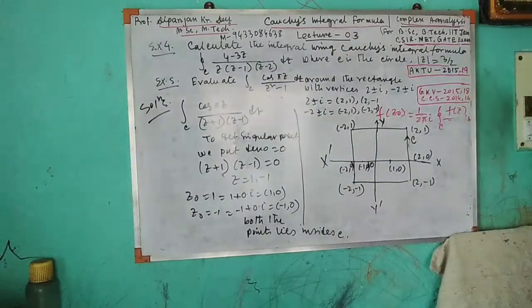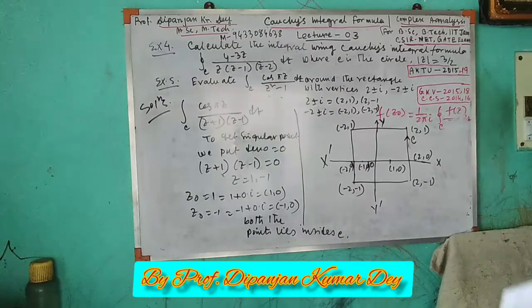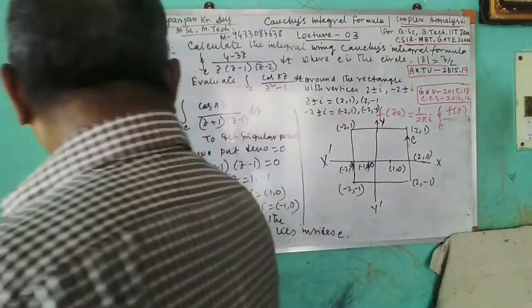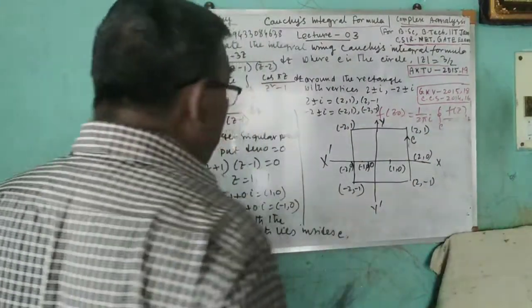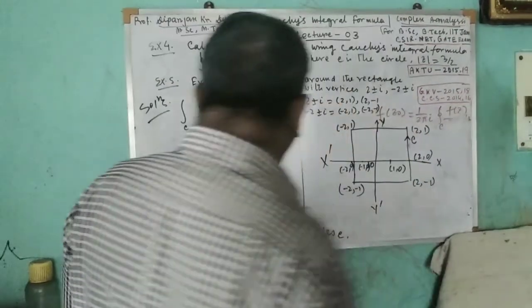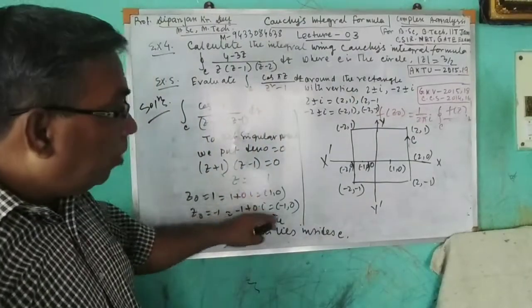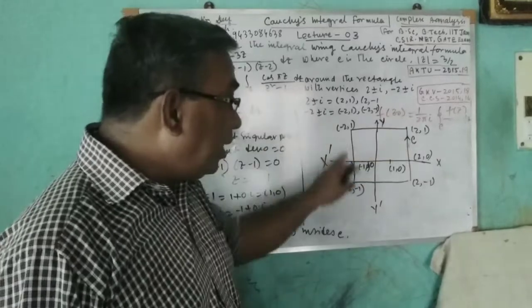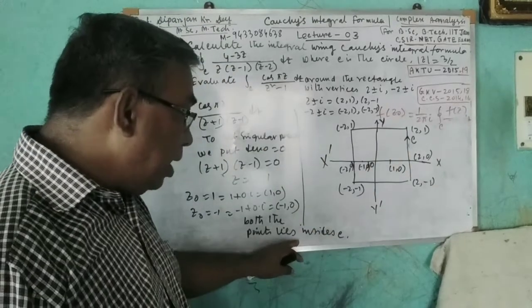Cauchy's integral formula, which we had seen just a couple of minutes ago. Directly I am writing the Cauchy's integral formula. Here, what is f(z)? We are getting two singular points, and both the points lie inside the circle, inside the rectangle, inside the closed curve.